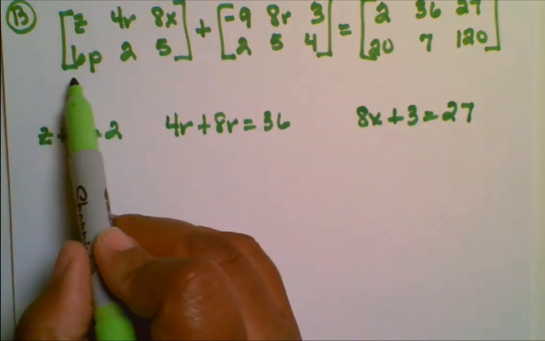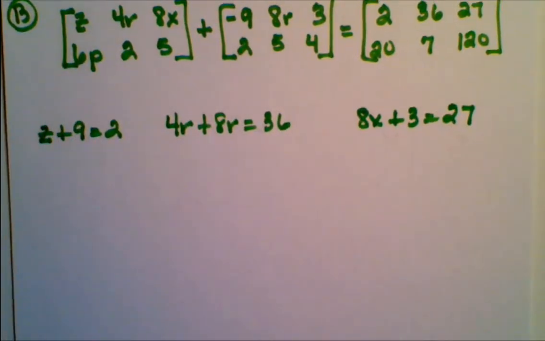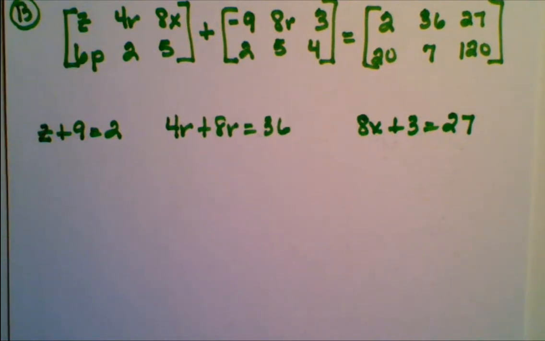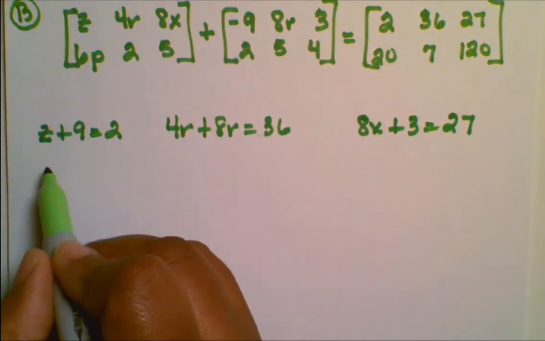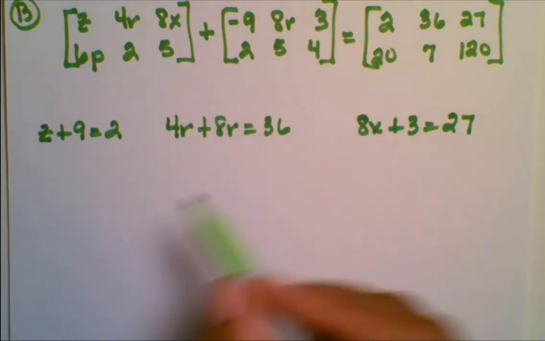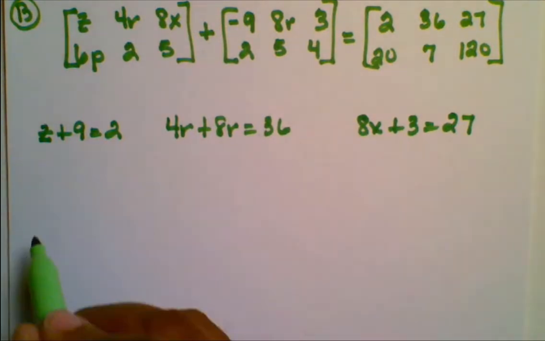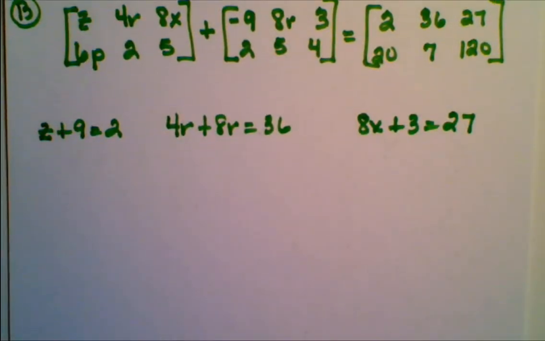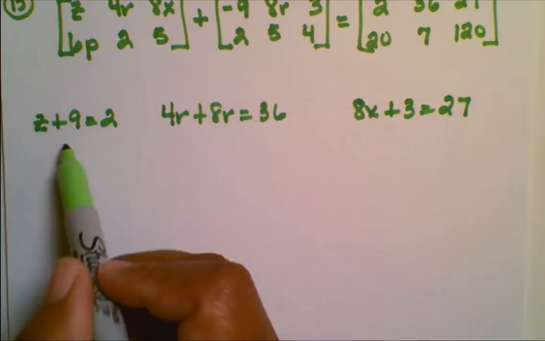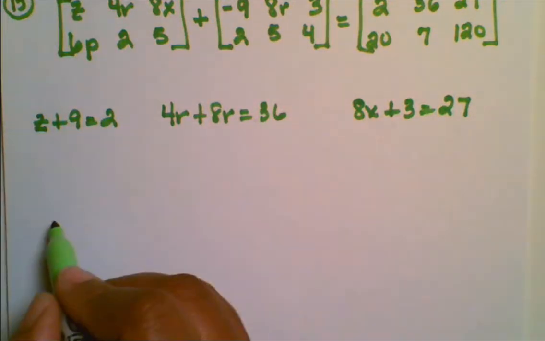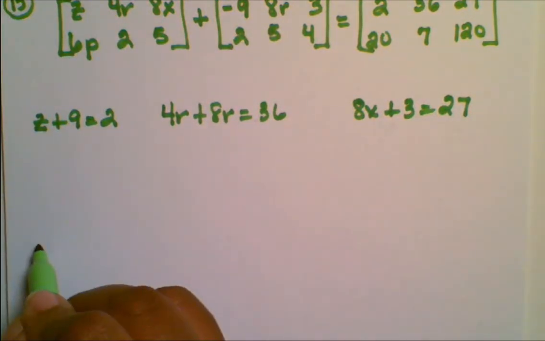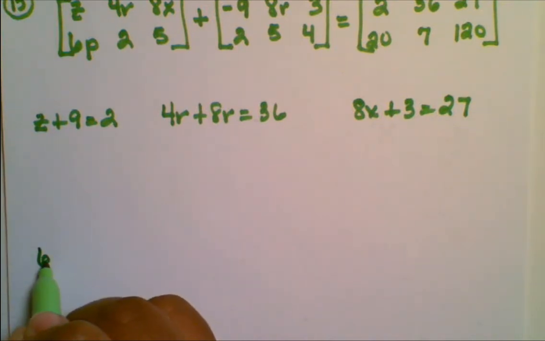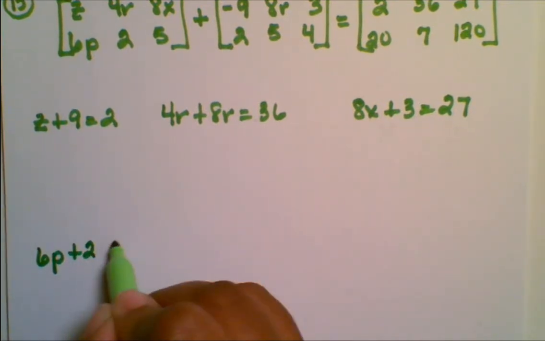All right, so let's look at the second row, first column. For each matrix, I'm going to leave some space between these so we'll be able to solve each equation. So we have here 6P plus 2 is equal to 20.